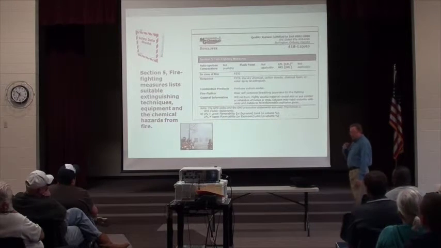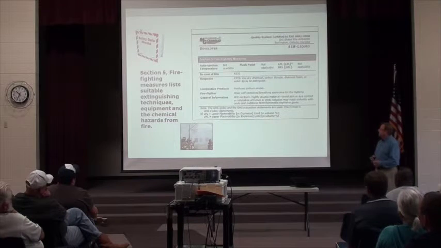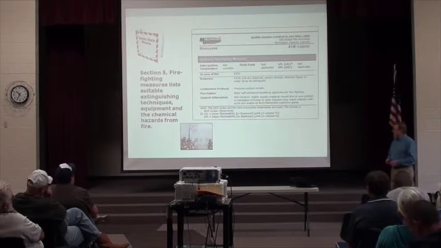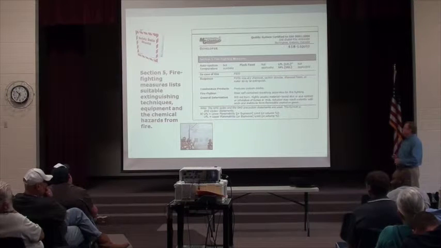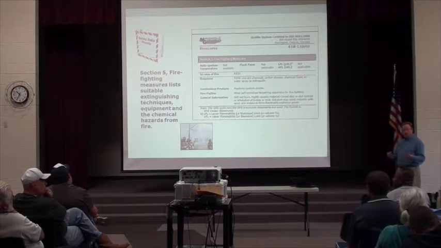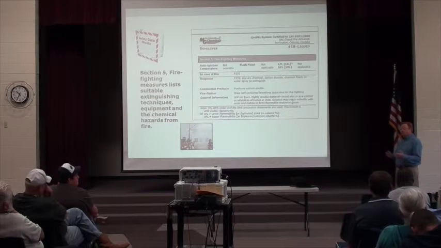Section 5 is mostly for firefighting, that type of thing. A lot of times, probably most fire departments actually, have a list of all the hazardous chemicals that you use, so if they come to a certain building, they're going to know what's in there and how to respond to it.